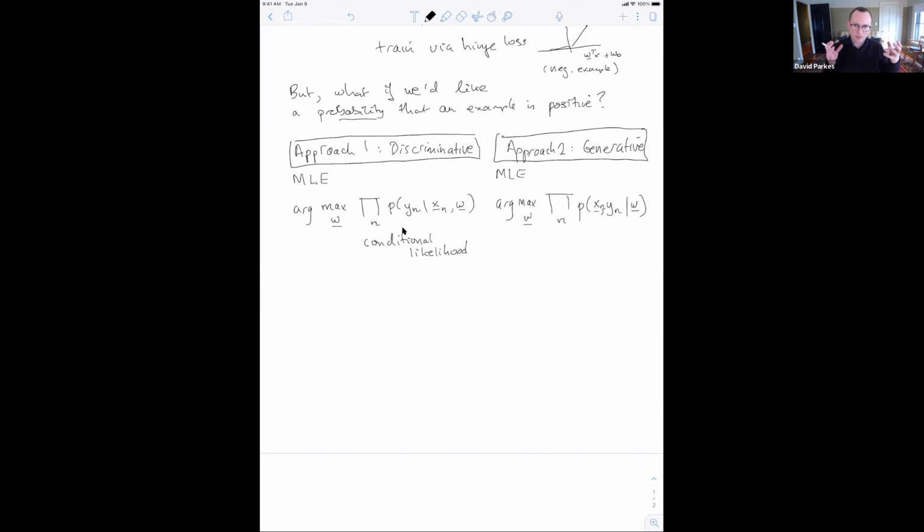So this is now the joint distribution on the features in an example and the label associated with an example. So we'll just call this the joint likelihood. And let me just write that again a little clearer in case you can't read where the comma is. We'll call that the joint likelihood.